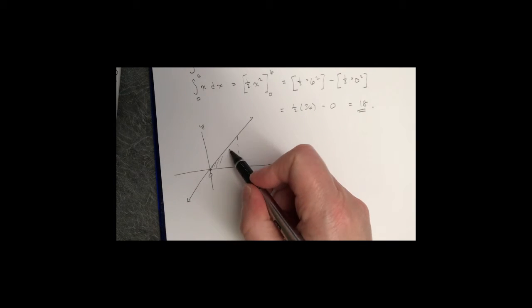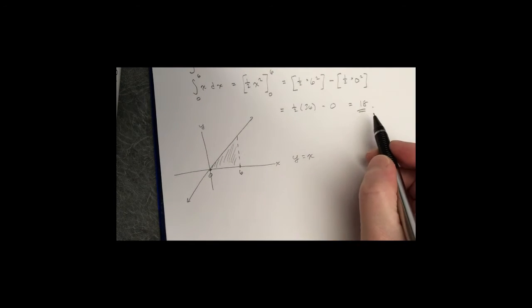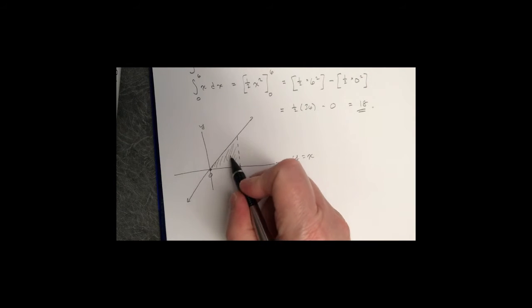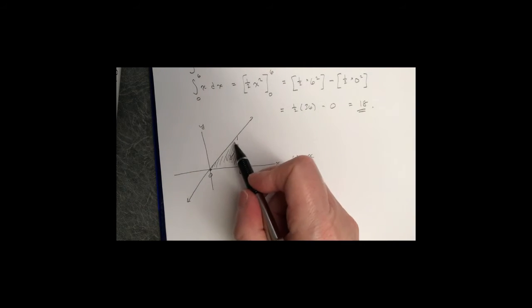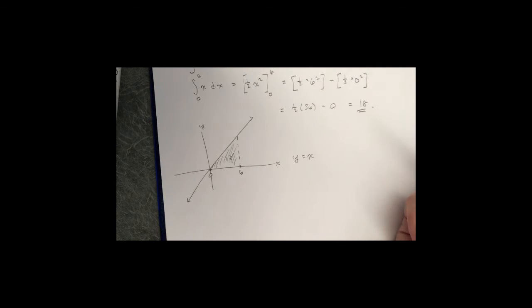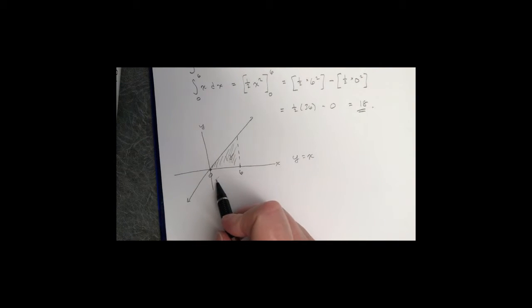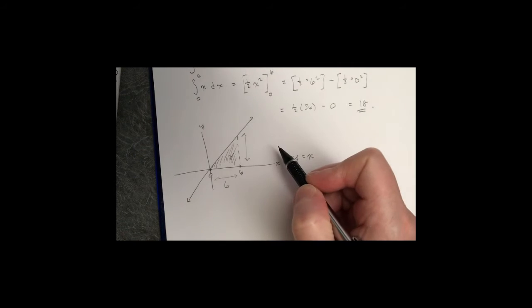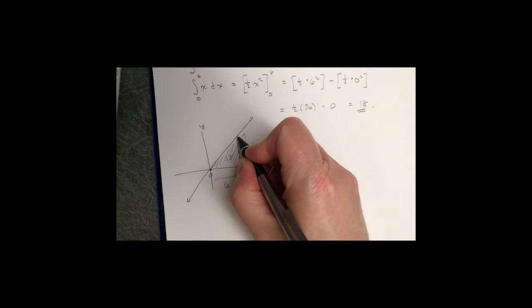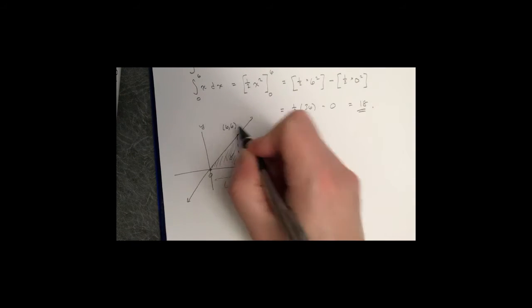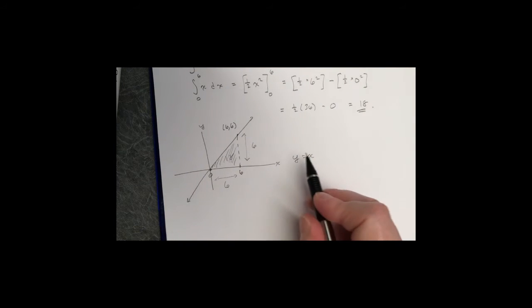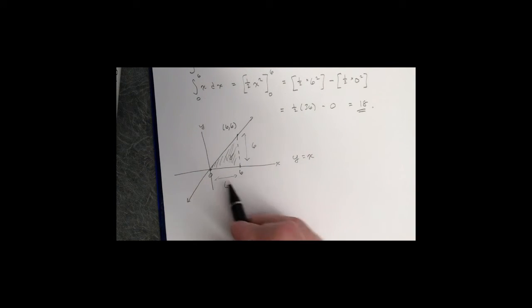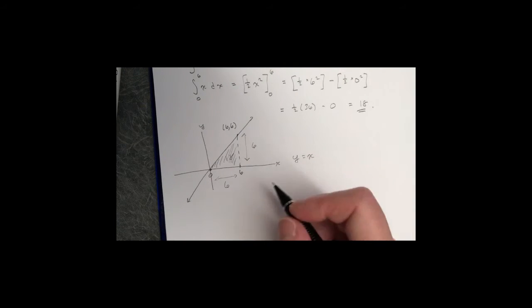So the calculus tells us that that number should be 18. I can also see that I get a triangle, and the length of the base is 6, and the height is also 6. I know that that point has coordinates 6, 6 because I picked a very, very simple function. That's straightforward to see. So 6 times 6 times 1/2 is 18.